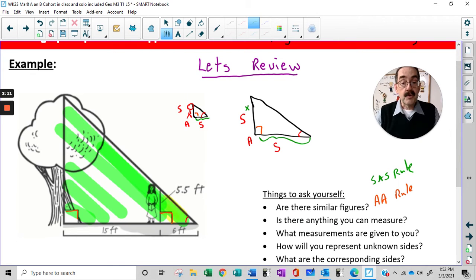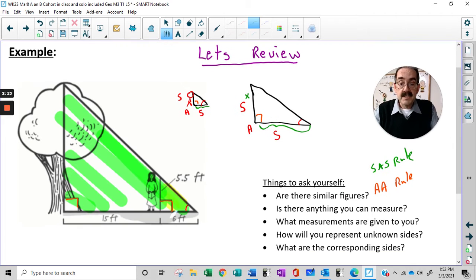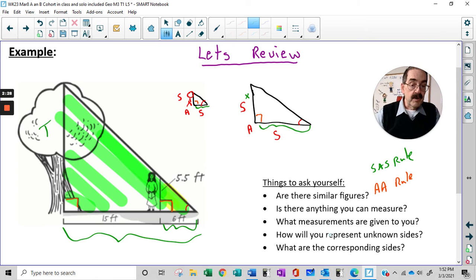Is there anything that you can measure? Remember, we measured this distance here, and we measured this distance here. How will you represent the unknown sides? Well, we could use a capital T, or an X, or a Y. And what are the corresponding sides?